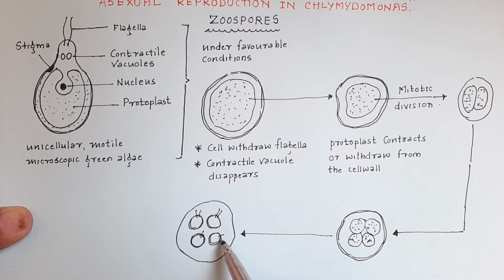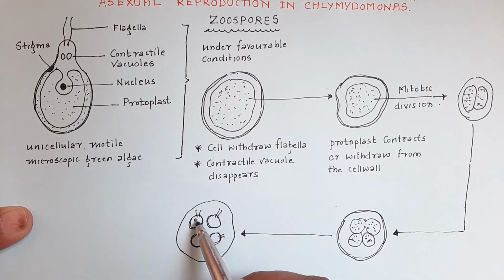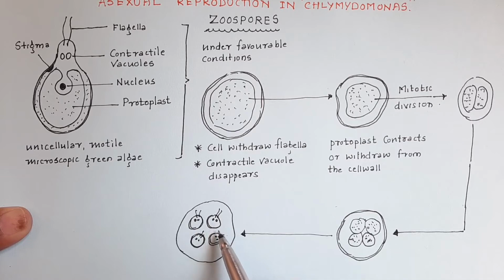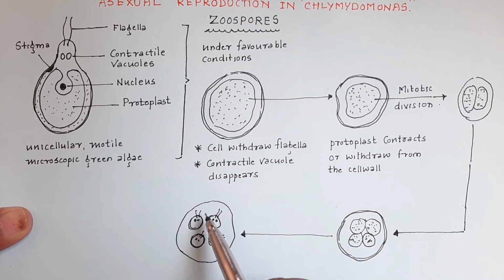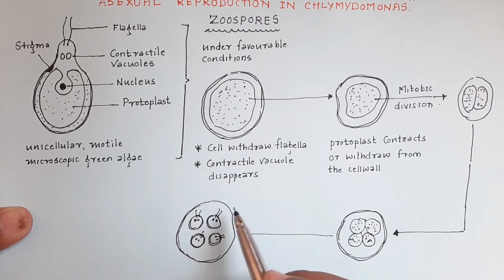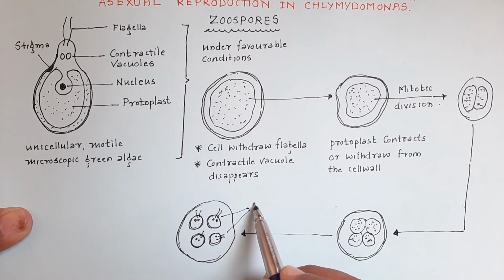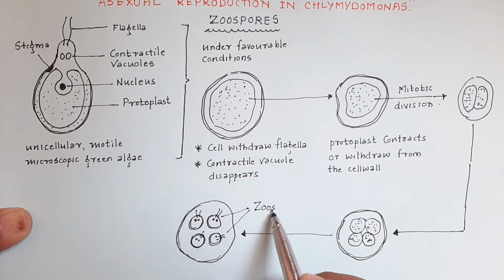Gradually they attain flagella, and contractile vacuoles also appear. After experiencing all these changes, these daughter cells are now considered zoospores.